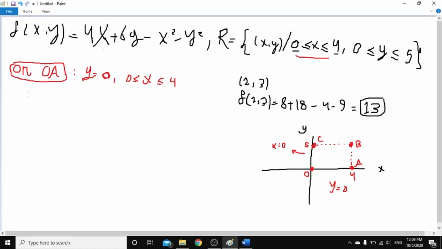write the function. Because y is 0, since we're dealing in the x-axis, we need to write f of x comma 0. Why did I write x here? Because here we're dealing with x values.